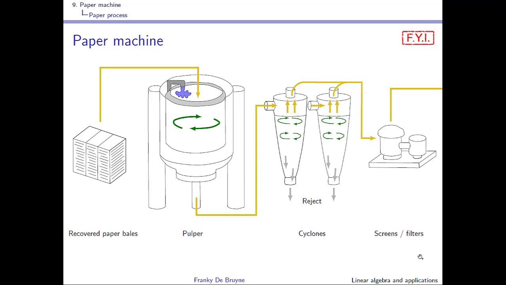This consistency is controlled. This is not shown here on the slide, and then it leaves the pulper to go through centrifugal cleaners. Okay, so the heavy parts are rejected, and this stock that has been cleaned of its heavy parts goes through several stages of screens and filters to remove the finer parts.